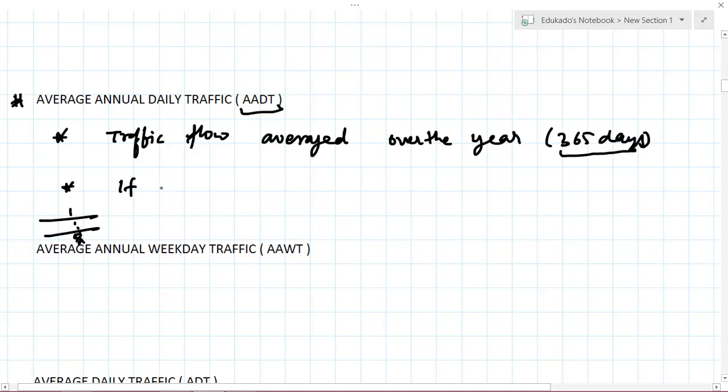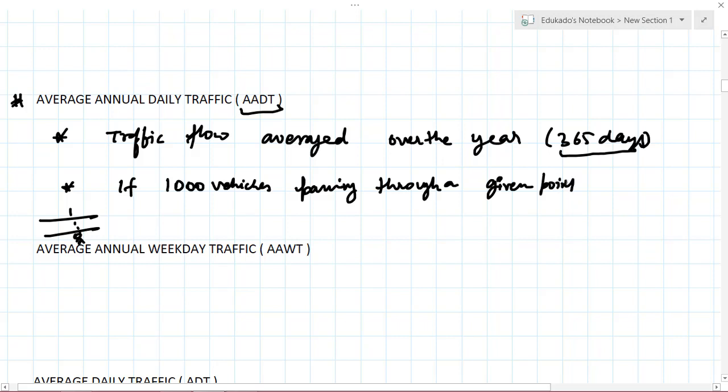Let's go with an example: say 1000 vehicles, I know it's very few, are passing through a given point in 1 year.